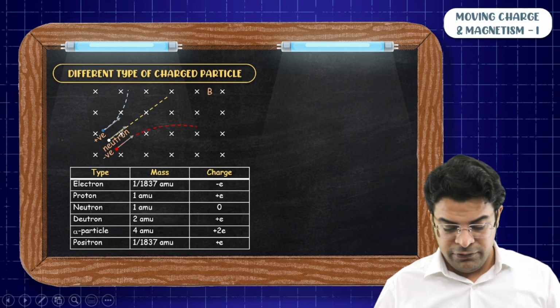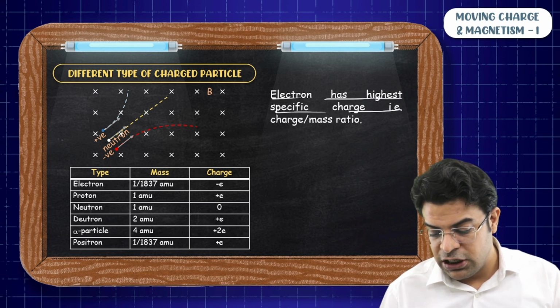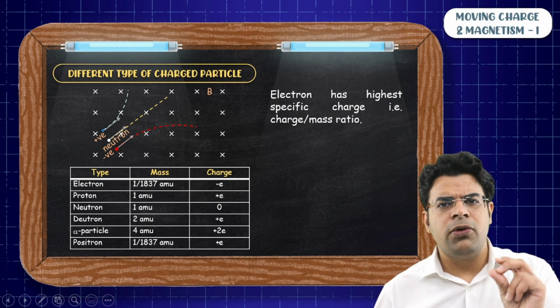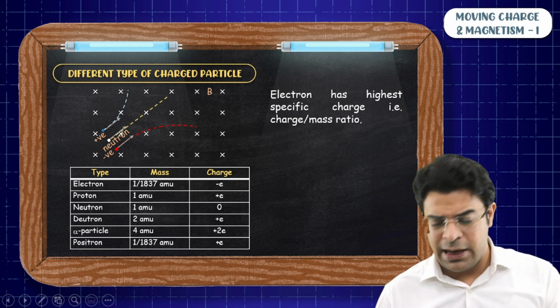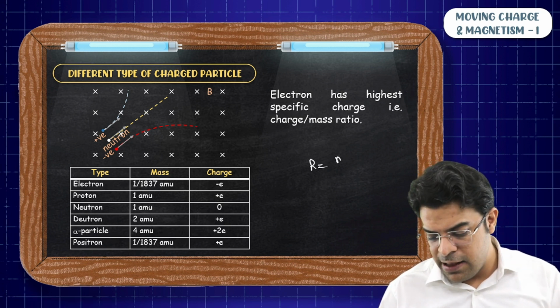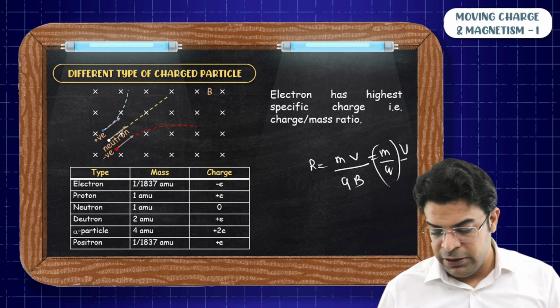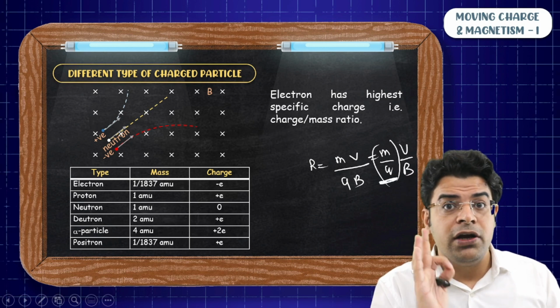Now the next thing we need to focus on is that electron has the highest specific charge, that is the charge to mass ratio. Sir, why do we need to talk about the charge to mass ratio? Understand that when projected in a magnetic field, the radius comes out to be mv by qB. Think of it as m by q times v by B. M by q depends upon the property of the charge.